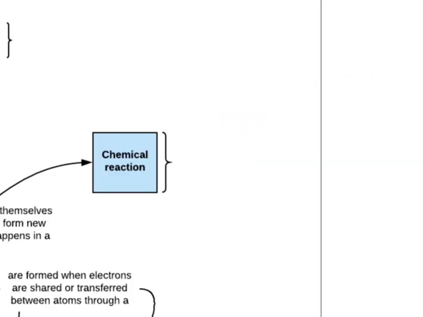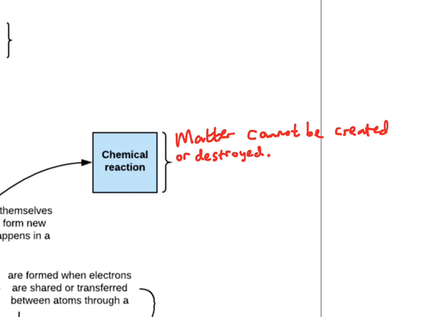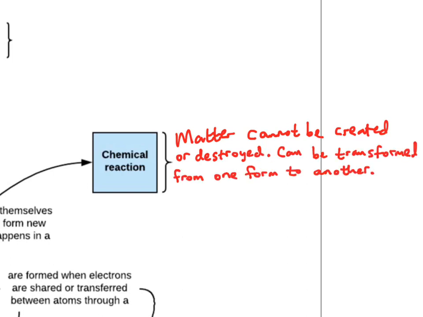All right, and we're going to finish our discussion here with chemical reactions. So matter cannot be created or destroyed, but it can be transformed from one form to another. This is a classic combustion reaction.